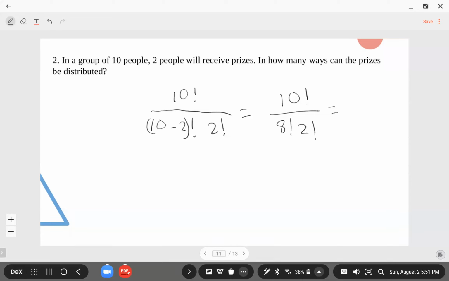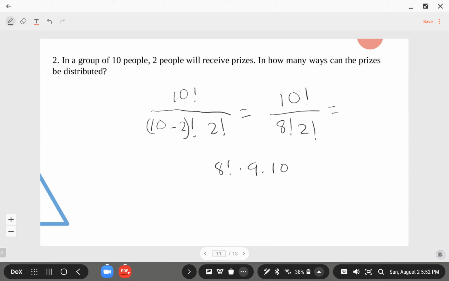And what is 8 factorial? 1 times 2 times 3 times 4 all the way to 8, right? Okay. And you have to notice that in 8 factorial, 1 times 2 times 3 all the way to 8 is in 10 factorial. Because 10 factorial is basically 8 factorial times 9 times 10, right?